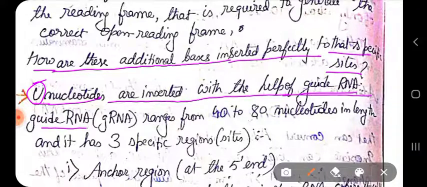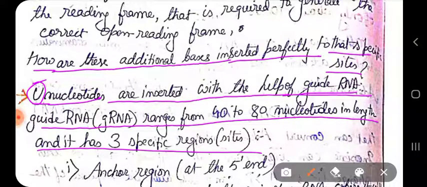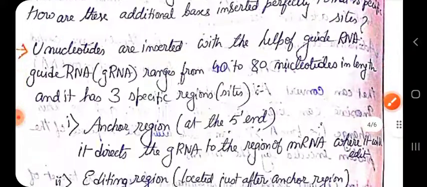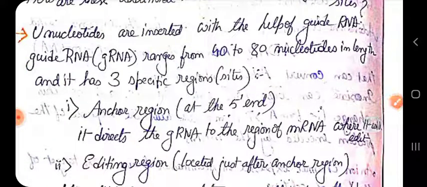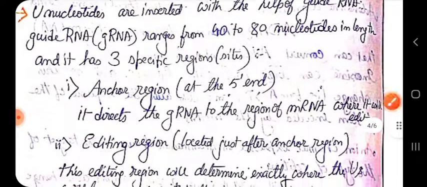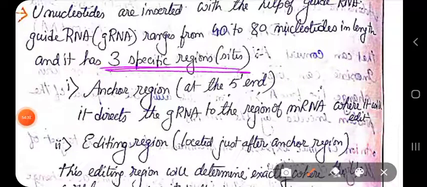Guide RNA ranges from 40 to 80 nucleotides in length and has three specific regions. Guide RNA helps the other enzymes to interact with the mRNA and cause the insertion or deletion of the sequence. Specifically, guide RNA has three regions. First, an anchor region at the 5' end.